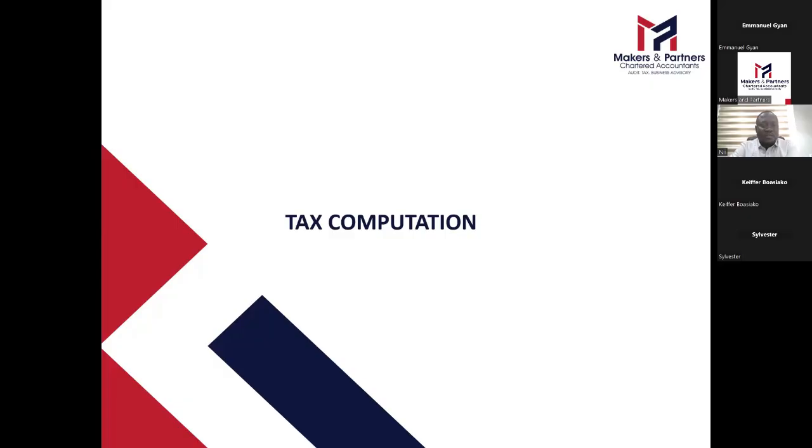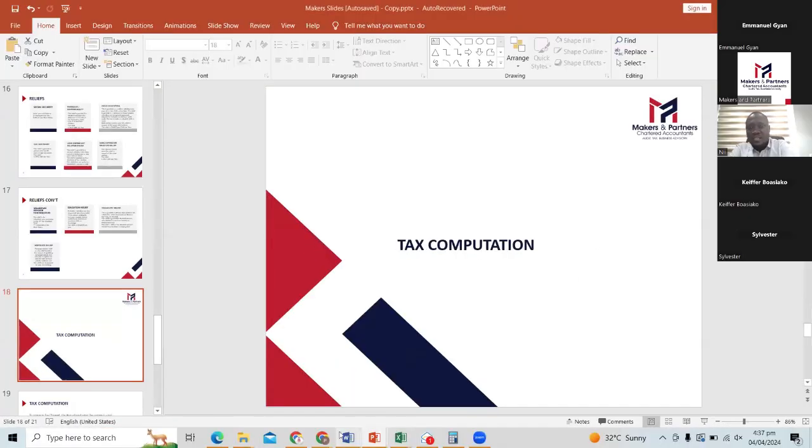After you have gotten all your totals, that's your basic salary, and any allowances you are enjoying, you've gotten all those things. I have a little illustration here where you have a basic salary of 5,000, allowances of 1,200, and tax deducted of 820. So we have the totals in here.